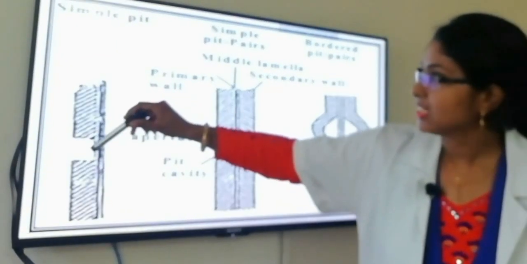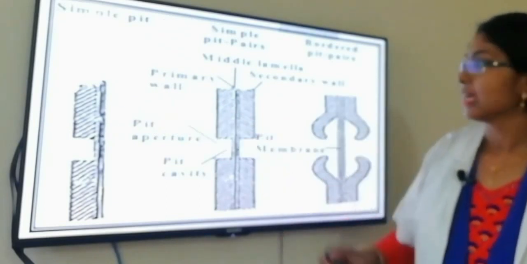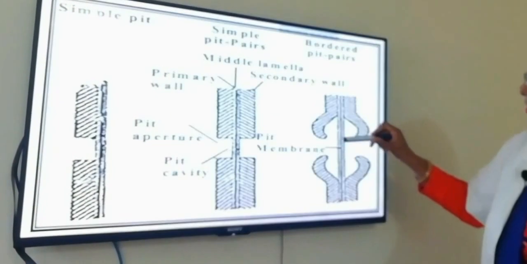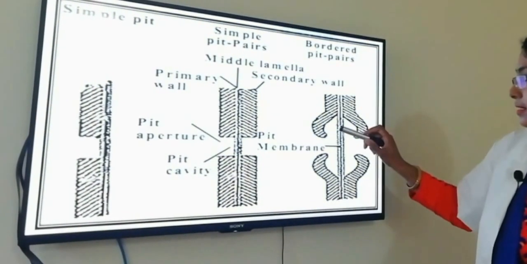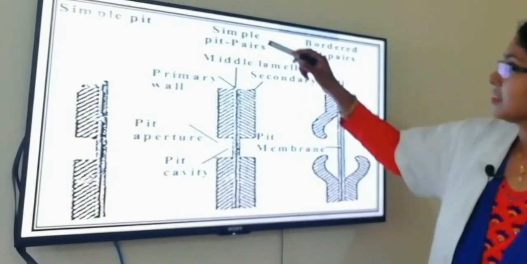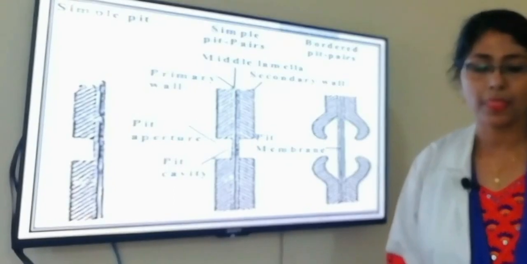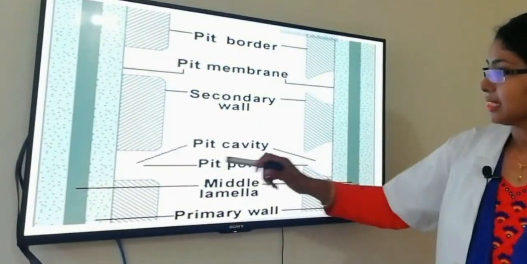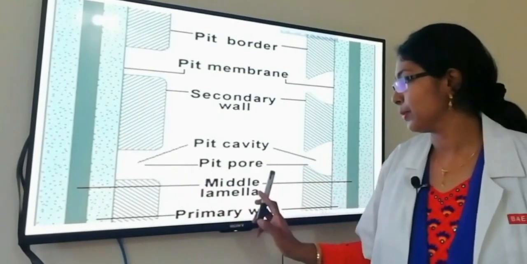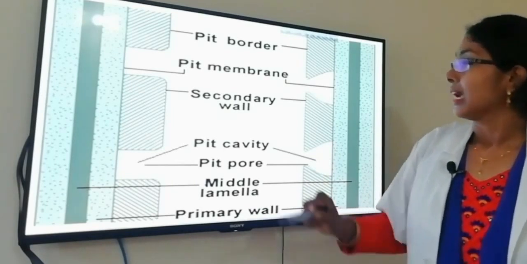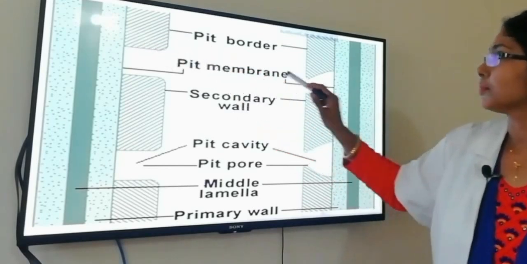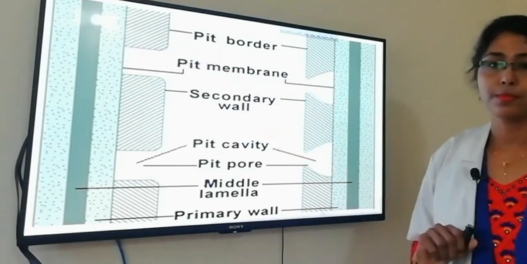So this is the pit. This is the simple pit pair, and this is the bordered pit pair. This one has a border. This is the bordered pit pair, and this is the simple pit pair. So this is the pit cavity, and this pore is called pit pore, and in between two pits, the middle lamella is called pit membrane, and this is the pit border.